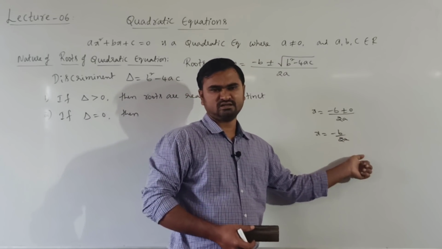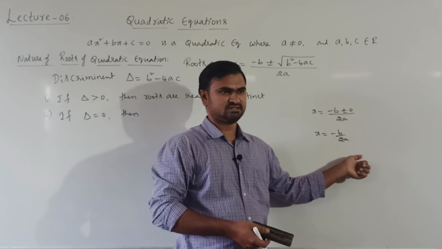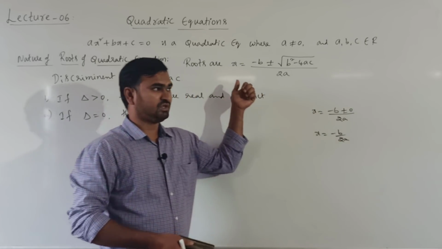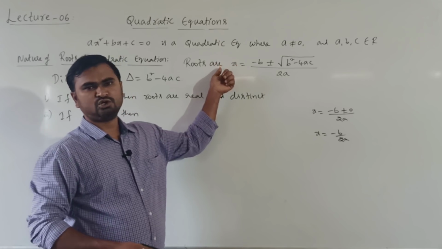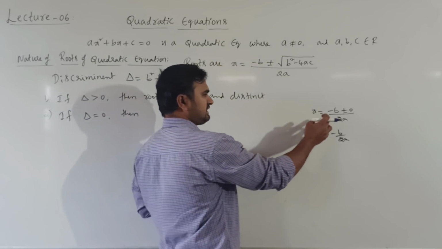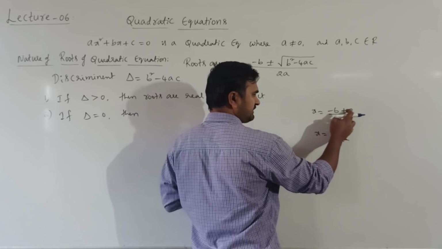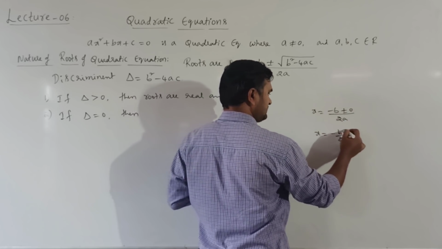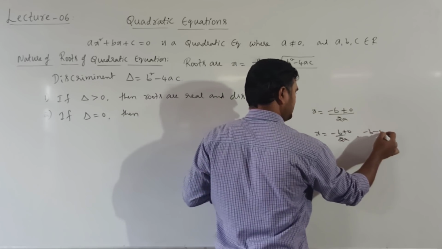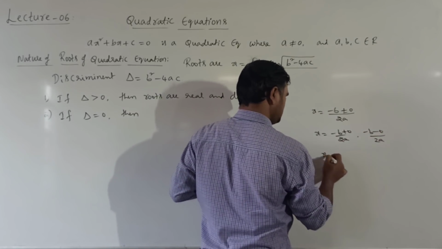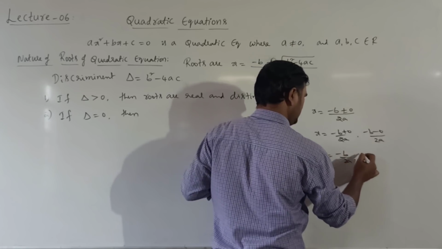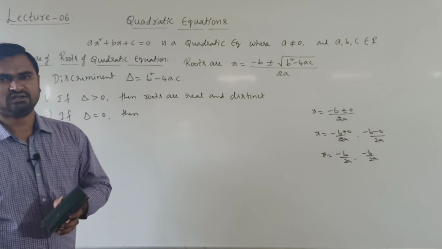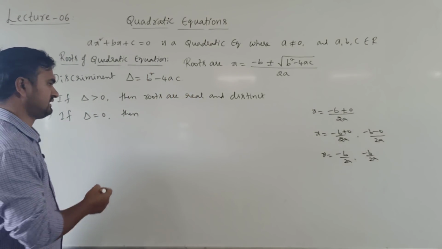Why are the roots real and equal here? Even though we get only one root, a quadratic equation should have two roots. If I take plus 0, we get one root; if I take minus 0, we get another root. So the roots are (−b + 0) by 2a and (−b − 0) by 2a, that is x = −b/2a and −b/2a. Both roots are equal and they are real.